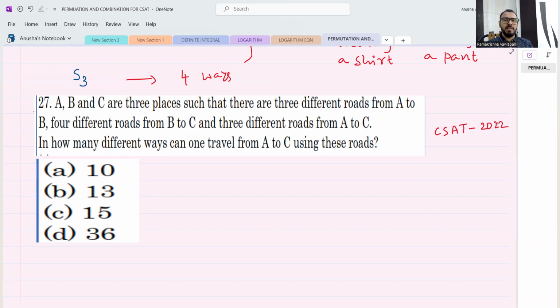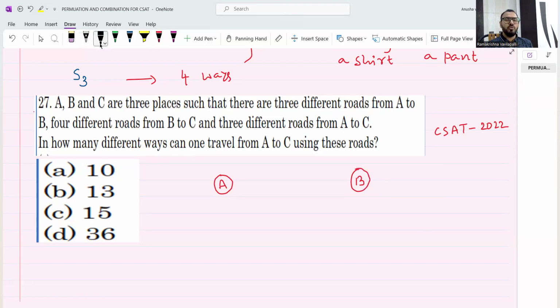A, B, and C are 3 places such that there are 3 different roads from A to B. And how many routes are there from B to C?